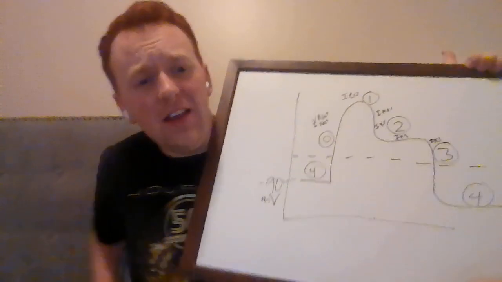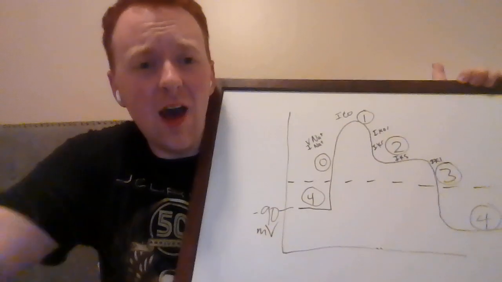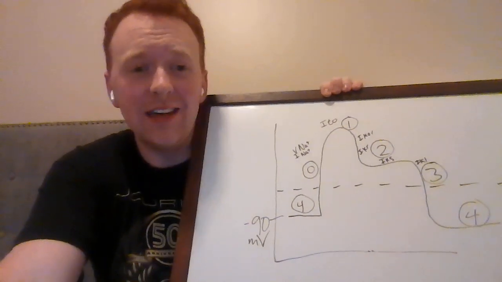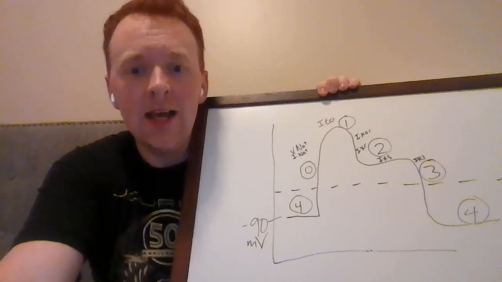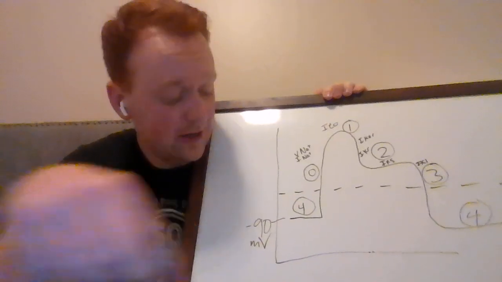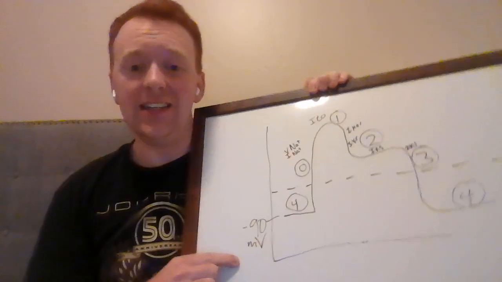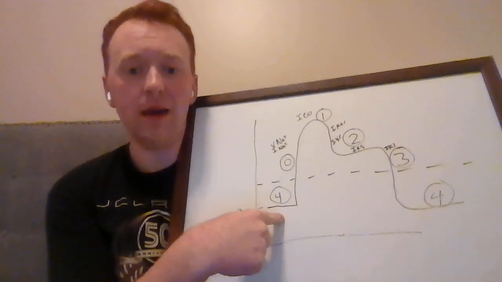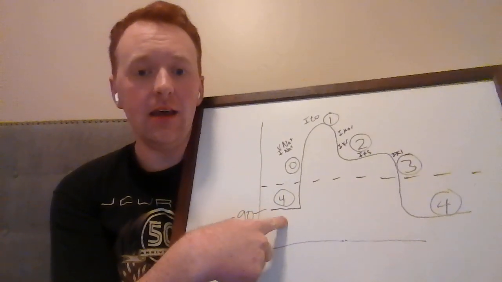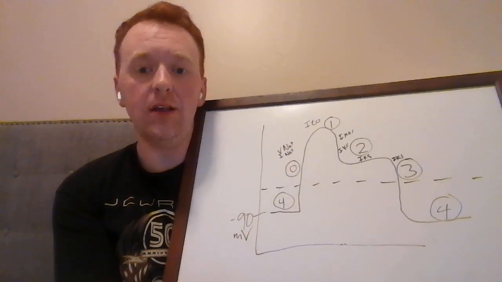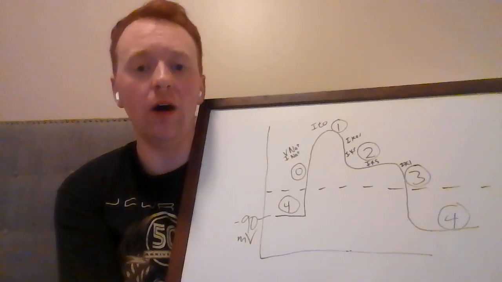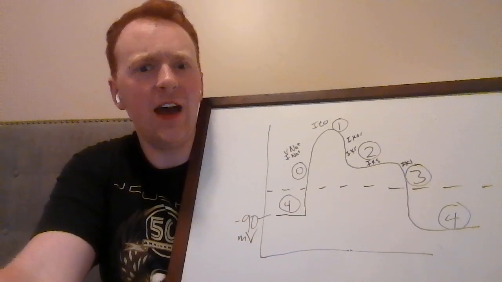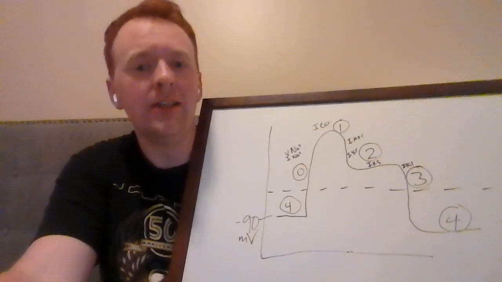We're going to start off with phase 4. The heart's a little bit different. We learned about action potentials before, how the cell's resting membrane potential is negative 70 or so. But the heart's resting membrane potential is negative 90 millivolts. And so phase 4 is the resting membrane potential. The main channel is one called the IK1, which stands for inward rectifier potassium channel.